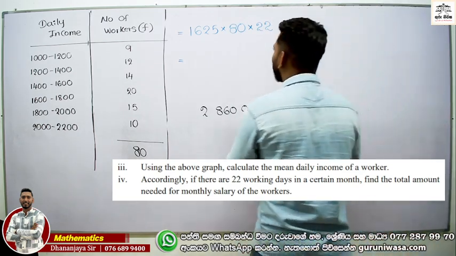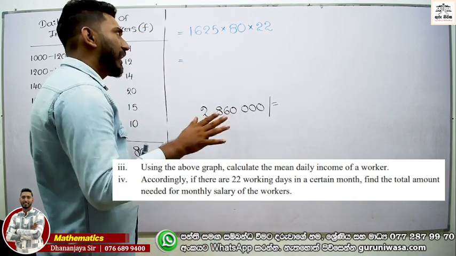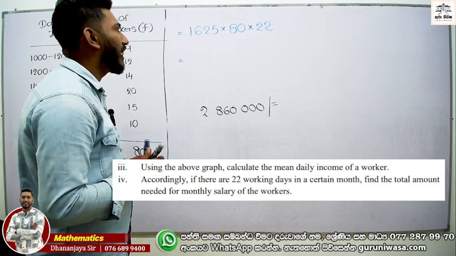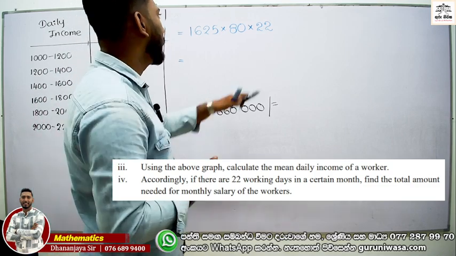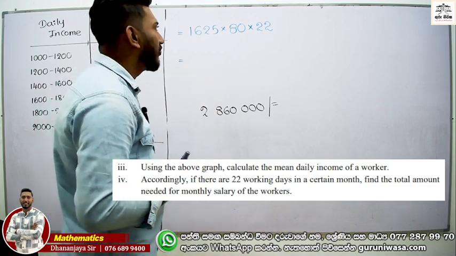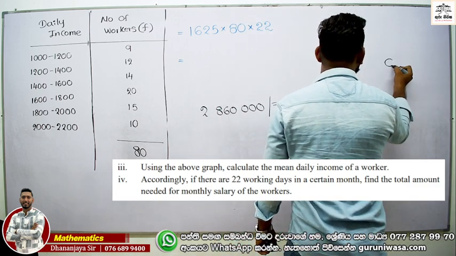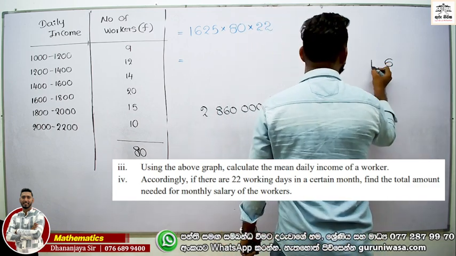Right. 1,625, and this is a 0. Eliminate the 0, we forget the 0 for now. 22 into the 8: 8 times 2 is 16, 1 remainder, and 17.